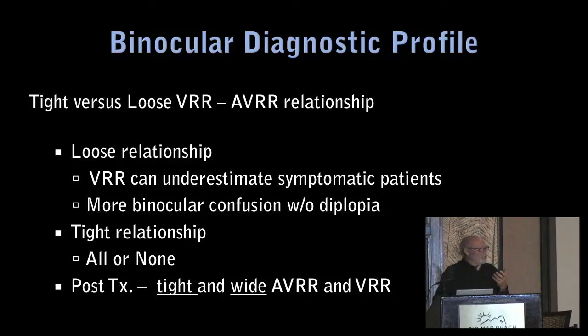The tight relationship shows that the spread is much closer to the spread of the associated divergence measure. And when I ask these patients, they classically look at me, or the parents look at me, and they handle the stress like an all or none response. They're either working hard or they're not there.